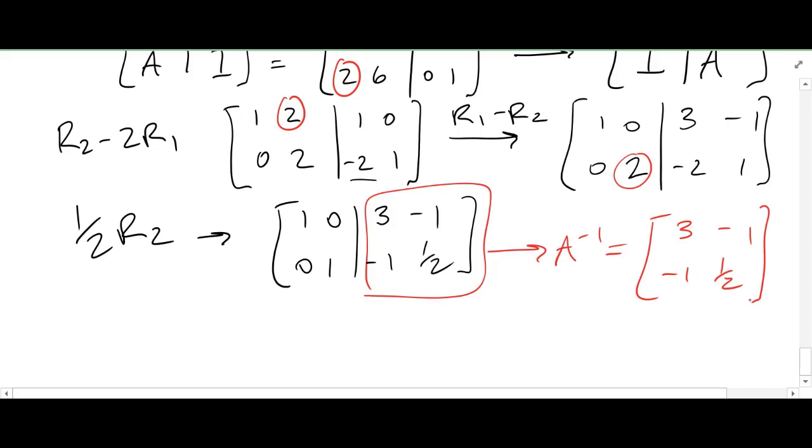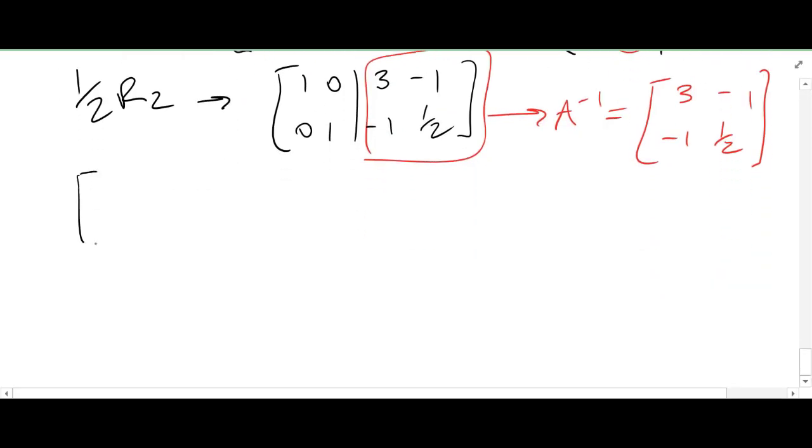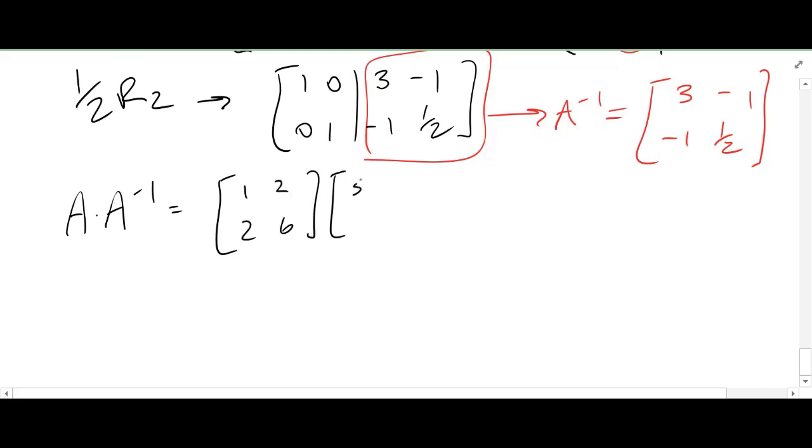So we can check that that's the inverse now. We can check our work by taking A and multiplying it by A inverse. So the original matrix A, we do A times A inverse. The original matrix A was 1, 2, 2, 6. We multiply by A inverse. So if we do that operation, we get in the first entry 3 minus 2.